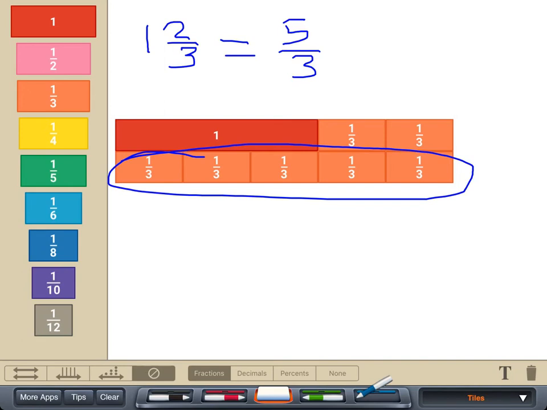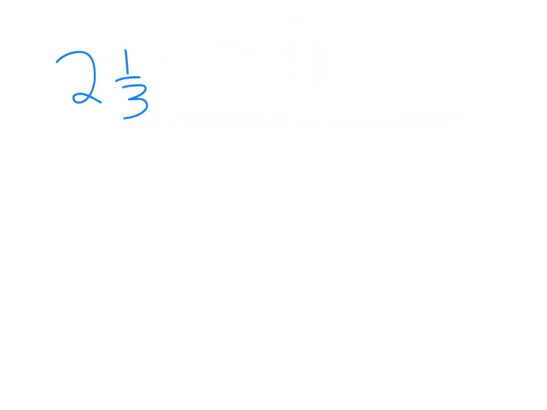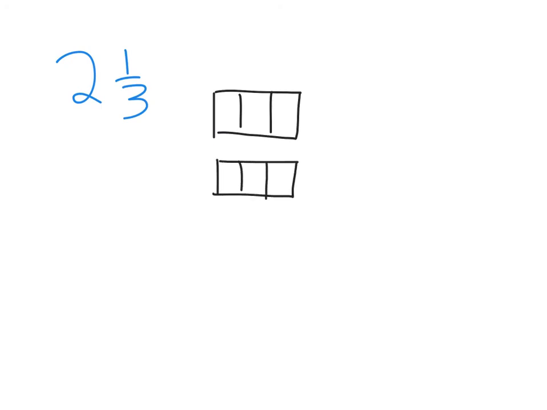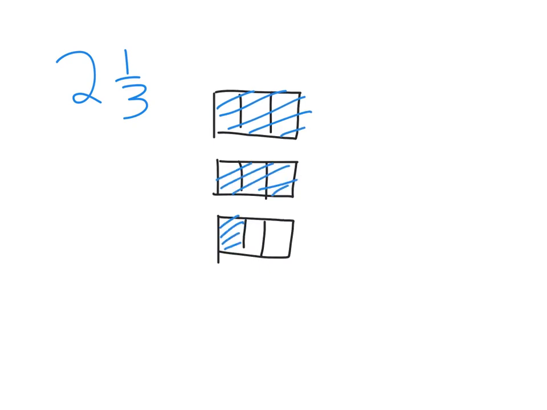So we're going to look at an example of that when we draw it out. For 2 1/3, I'm going to draw a picture of 2 1/3. Draw a box, cut into thirds. I'm going to draw another box, cut into thirds. There's my 2 wholes. Draw another box, cut into thirds. And I'm going to shade in 2 wholes and 1/3.